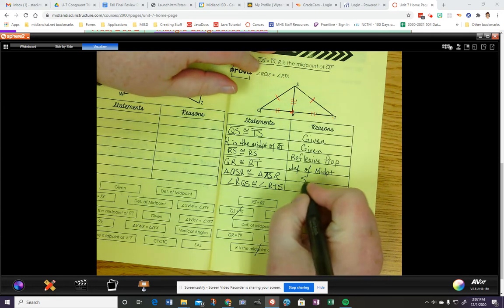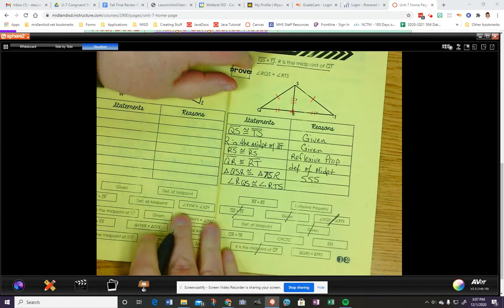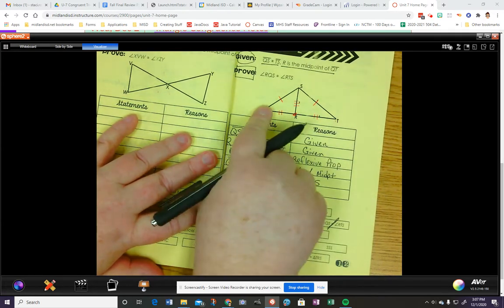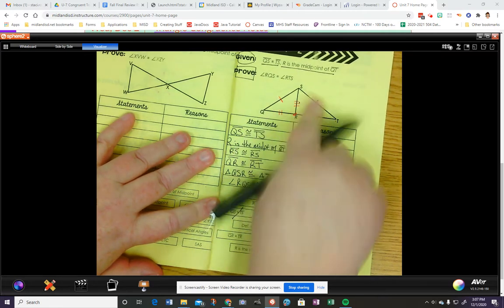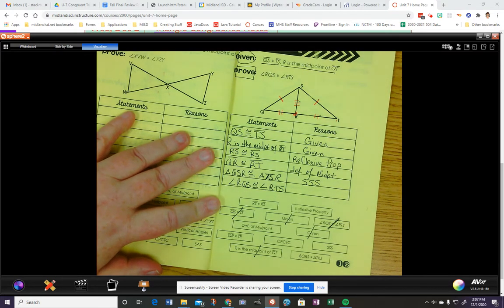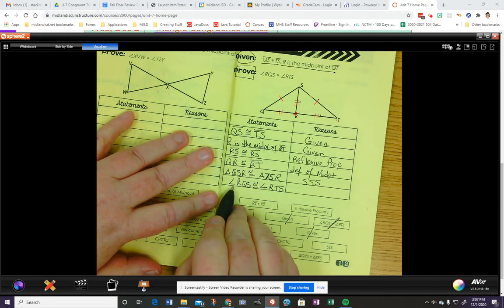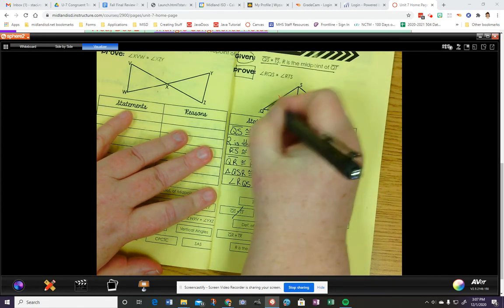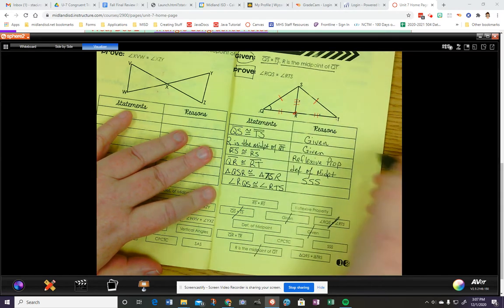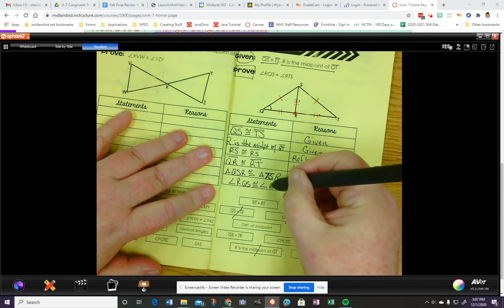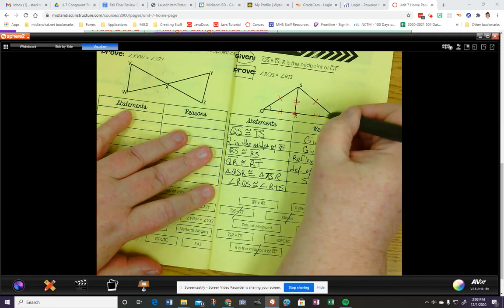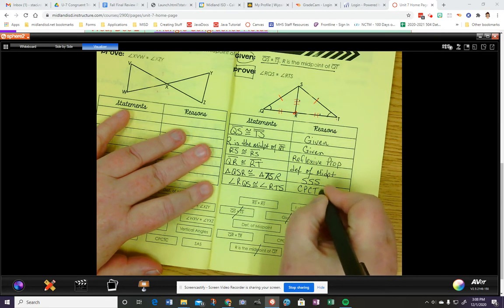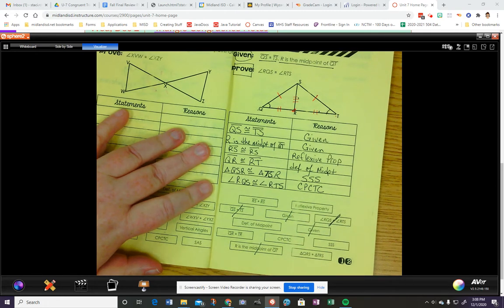So that's going to be SSS. Now, once I've got the triangles congruent, that means everything within the triangles matching up are congruent. So angle RQS, this angle right here, is going to be congruent to angle RTS, this angle over here, by CPCTC. And then we've got everything done.